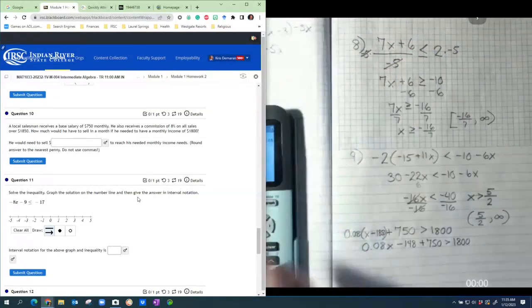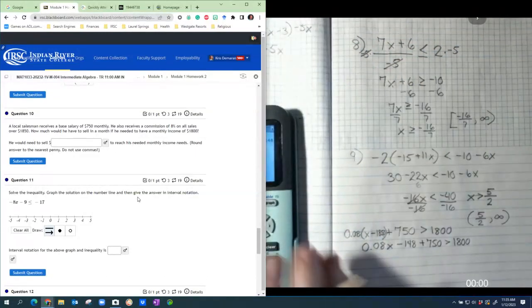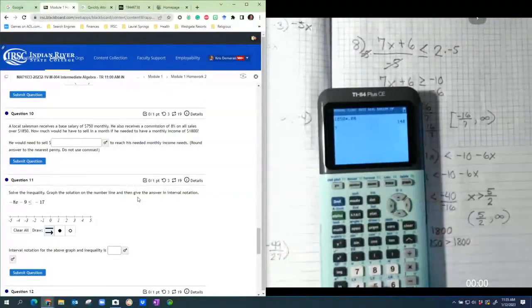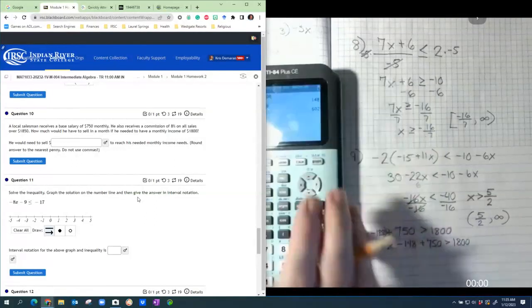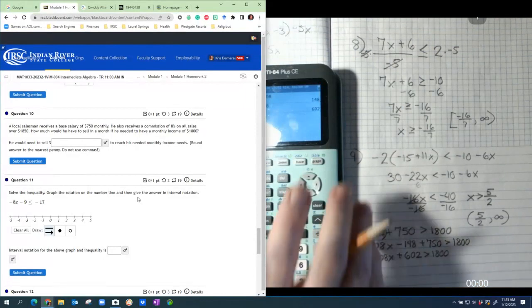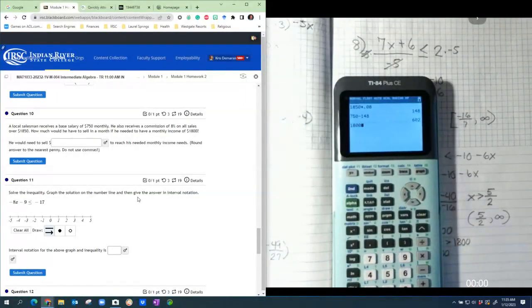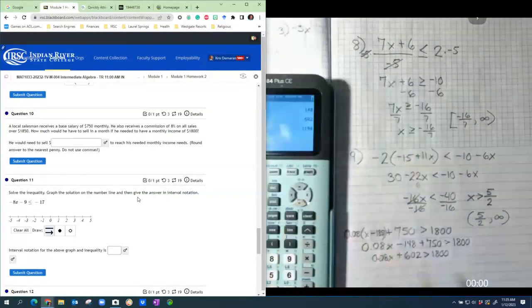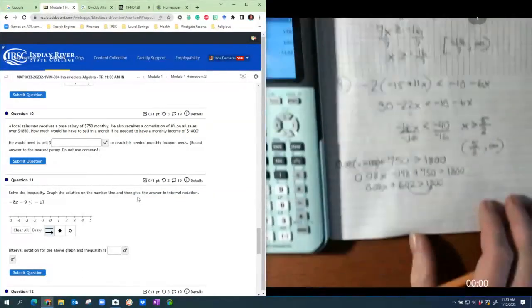All right, so now we have that. We're going to take the 750 minus the 148, and that gives us 602. Then we're going to take the 1800 and subtract the 602, so we can get this away from that.